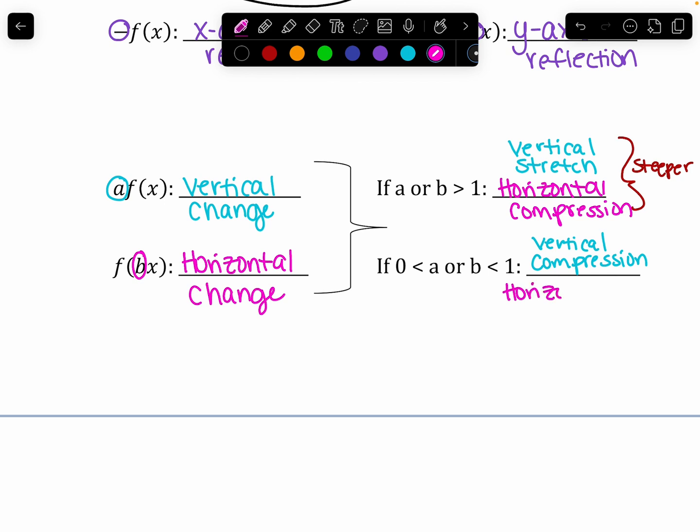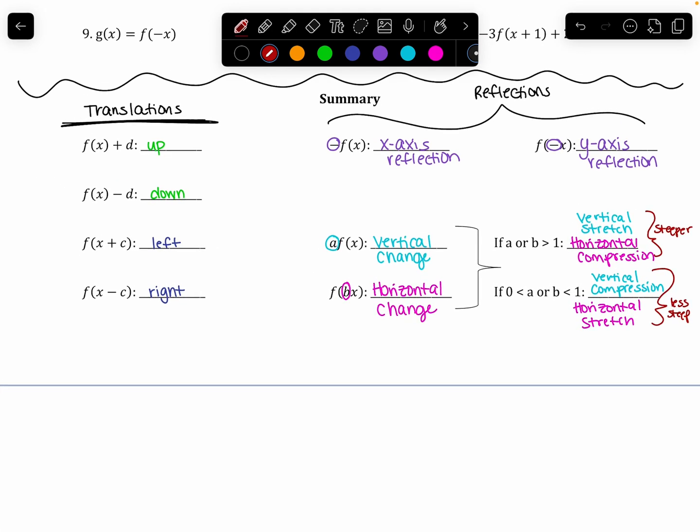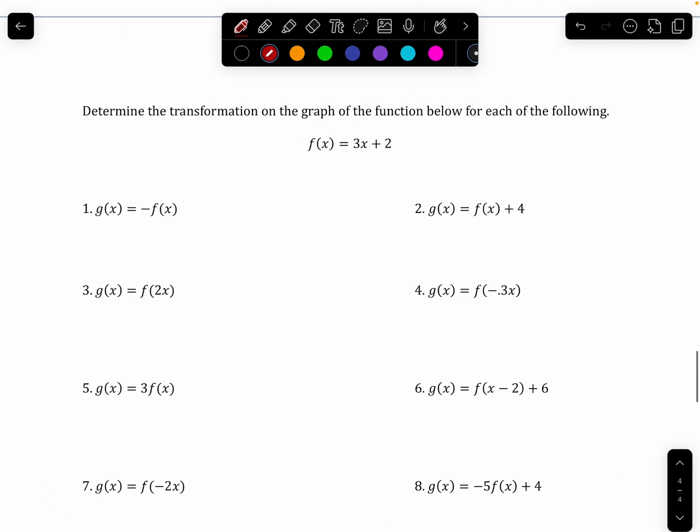This will also be a horizontal stretch. And both of these mean that your graph is getting less steep. Depending on who your teacher is will determine how detailed you have to be. Because I make this video for everybody, I'm going to be pretty detailed, but in class, I'll let you know how detailed I want you to be.